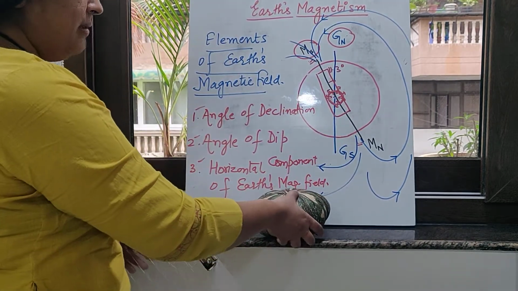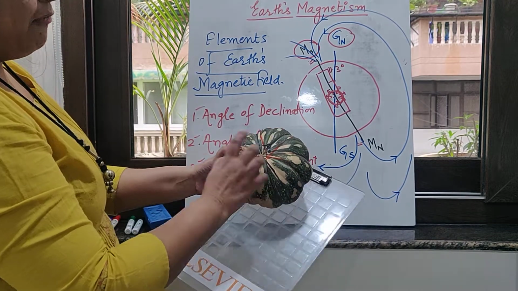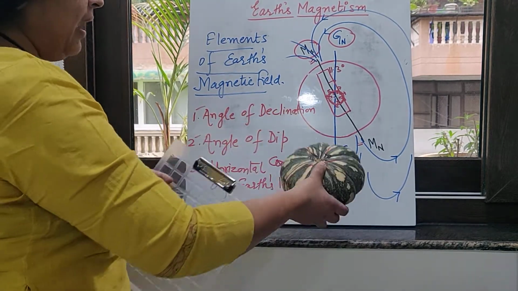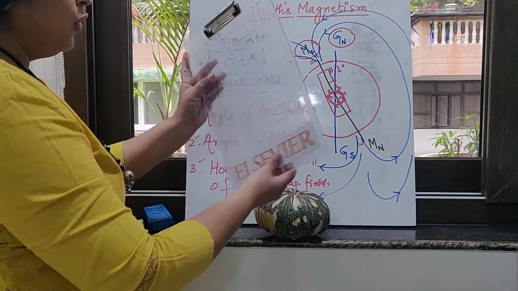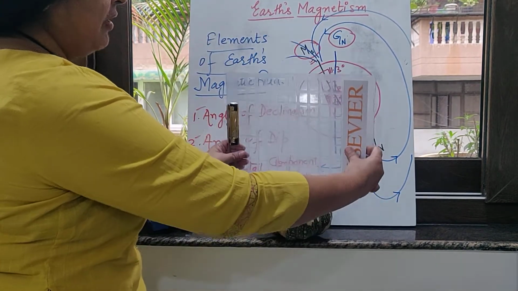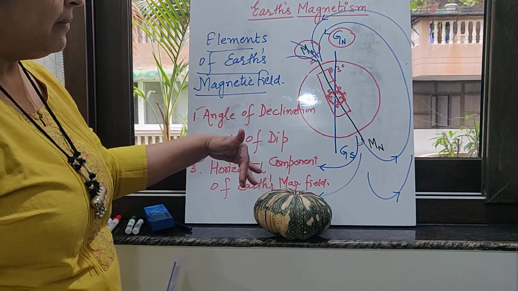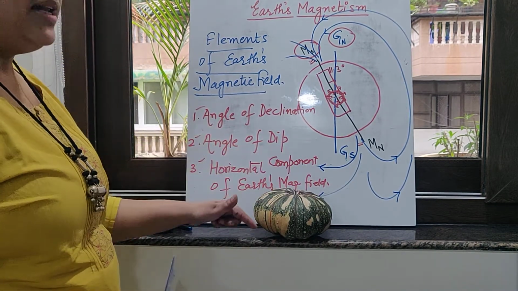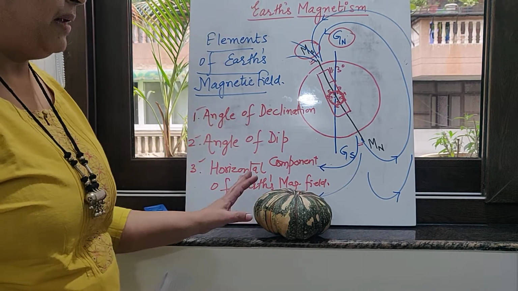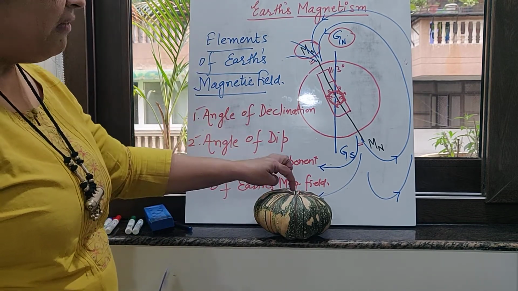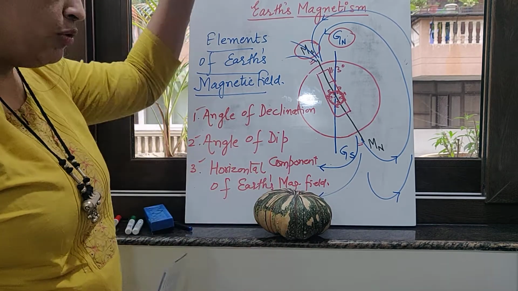Similarly, you can take another vertical plane from the other circle, also this black one, and suppose this is the other circle, so you have taken this as the vertical plane. Now you can have many vertical planes. As many circles you have, as many vertical planes you can have, but all those vertical planes will have the geographic north and south axis common.